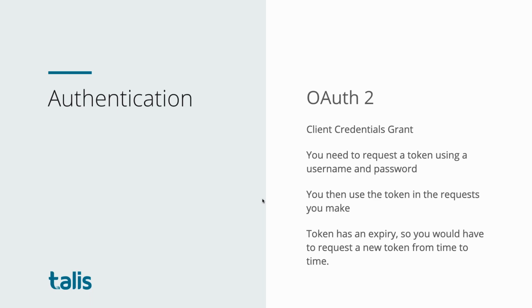Sounds complicated, I know, but actually there's a fairly simple pattern to this. Requesting that initial token and then just using that token value in subsequent requests is the simplest thing. If you're doing small batches of changes, then it's easy enough just to request a token and make a change.